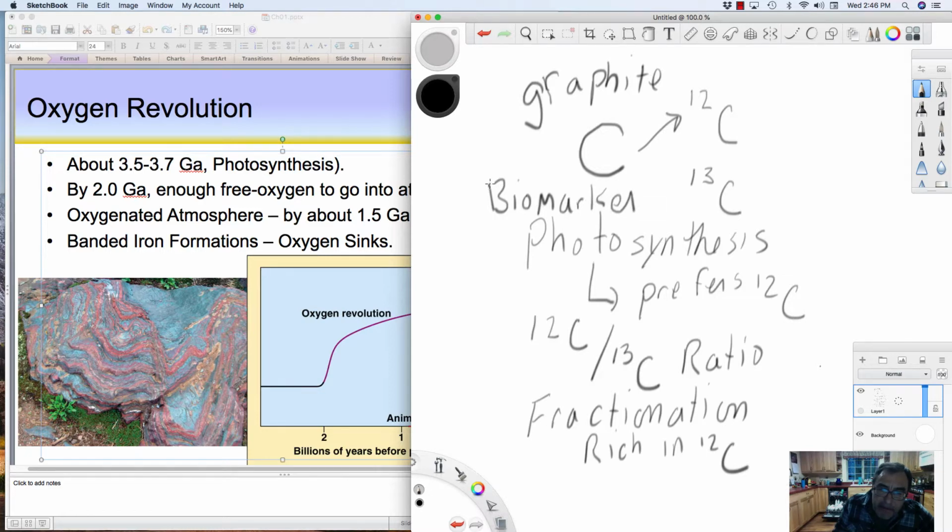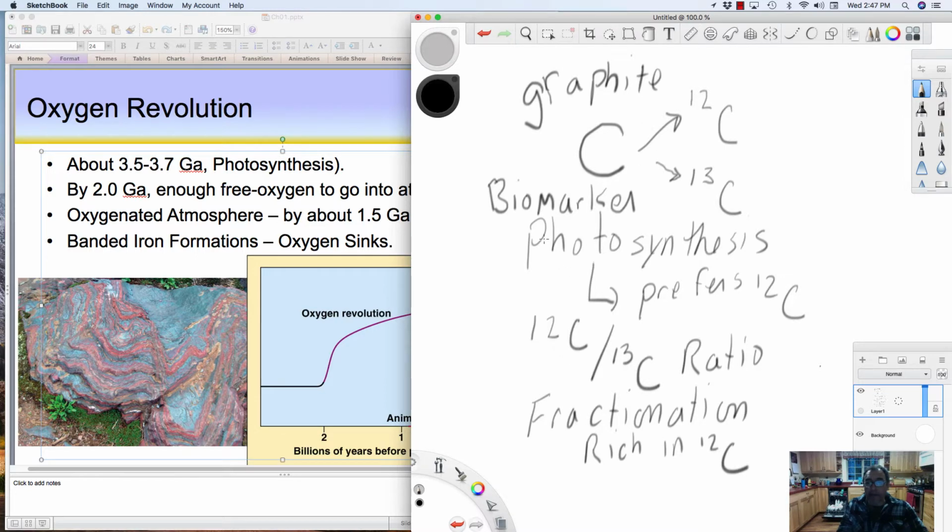And we call these stable isotopes because they don't come from radioactivity, they're not radioactive. Remember, the one that's radioactive is carbon-14. So carbon-14 doesn't really fit into this equation, right? But both carbon-12 and carbon-13 are stable. So here, photosynthesis prefers carbon-12. If we find deposits of graphite that are enriched in carbon-12, well, what could have done that?